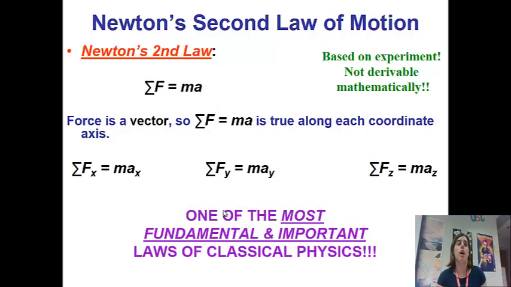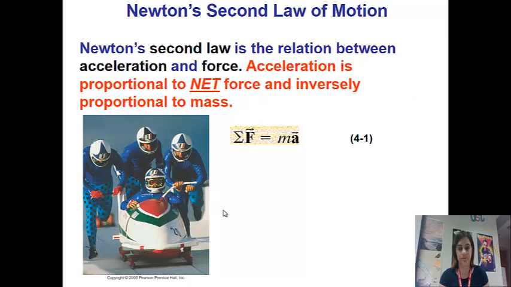Now when you have Newton's second law, force is a vector, and so you need to take that into account, just like we did with projectile motion and velocity. We kept the x and the y separate. You're going to want to do that with forces as well. Keep the x and the y separate and combine at the last minute using trigonometry.